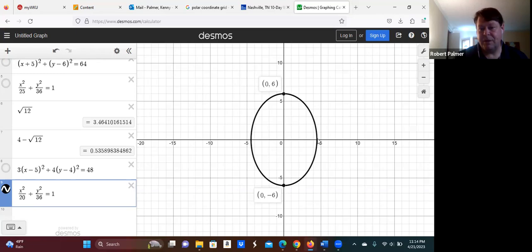Those are at 6, and if you check these points right here, we have a little issue with that. But basically, those points should be the square root of 20. So do the square root of 20.